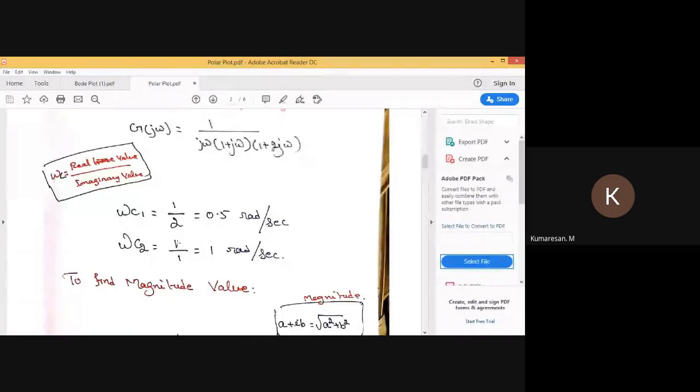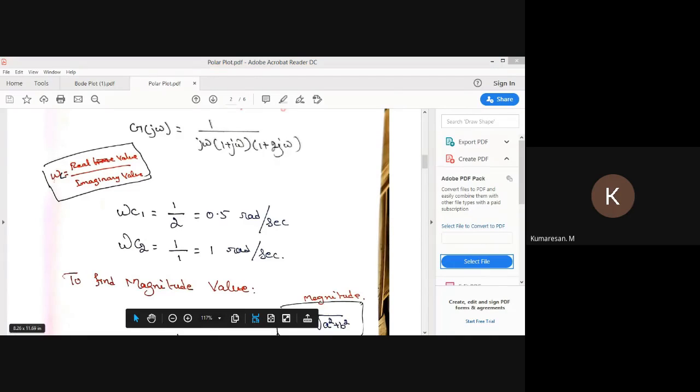Why do we take the third term first? Because it has a lower frequency compared with the second term. 1 divided by 2 is nothing but 0.5 radians per second. So we take omega c1.